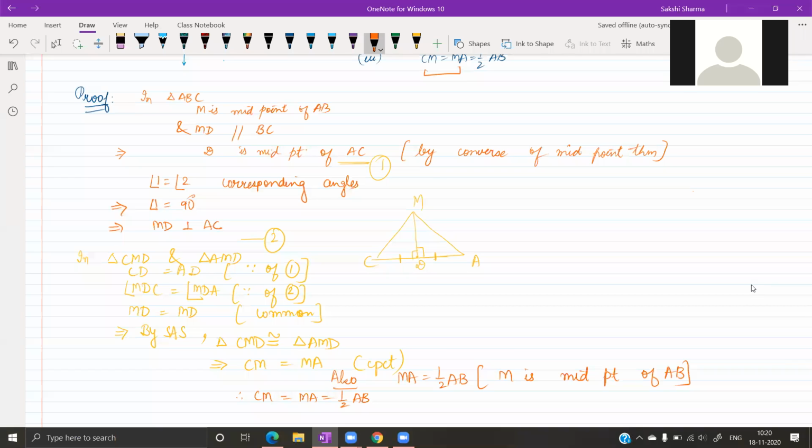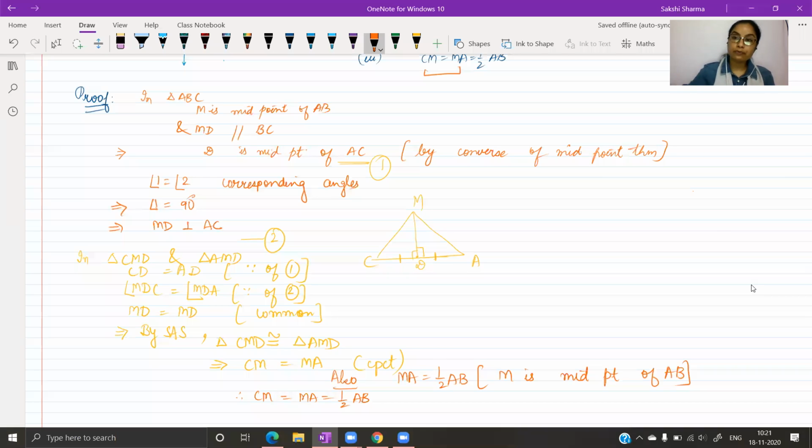Ma'am, in every triangle, when we join the midpoint to the opposite vertex, will it be equal to half of the side opposite to it, or only in a right angle triangle? In only a right angle triangle, the midpoint of the hypotenuse is equidistant from the three vertices. In a right triangle, if you have the midpoint of the hypotenuse and you measure the distance of that point from the three vertices of the triangle, the three distances will be equal.